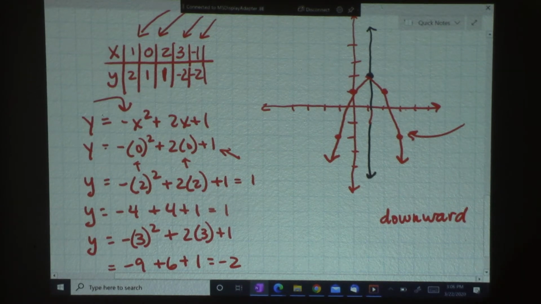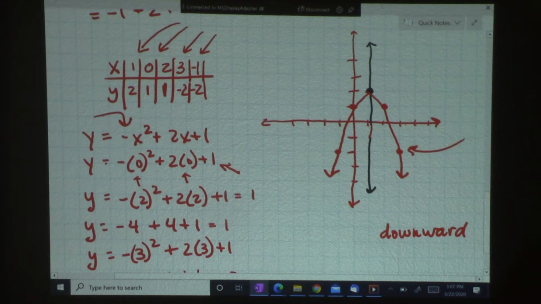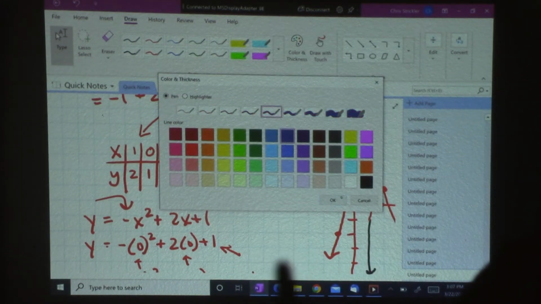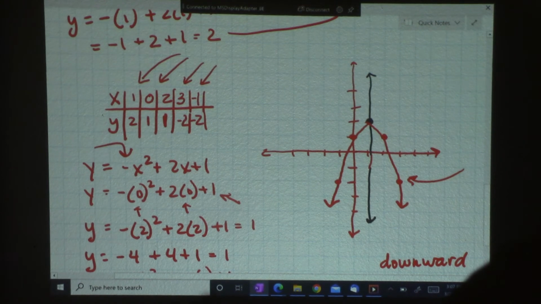Isn't that pretty? Now it says, also in our book on several problems, how does this compare to y equals x squared? Okay, so let's look at that. If I graphed y equals x squared, it would be right here. It goes up like this.